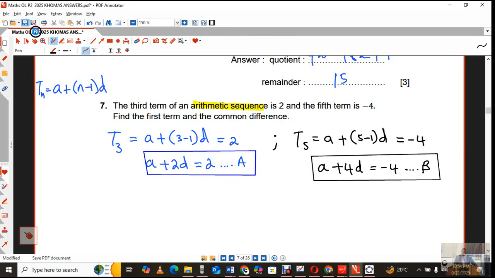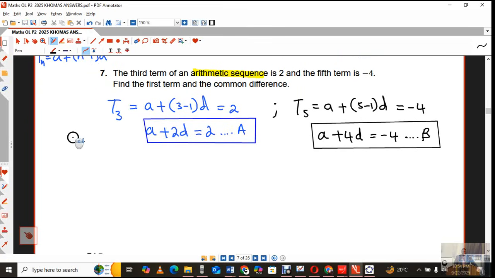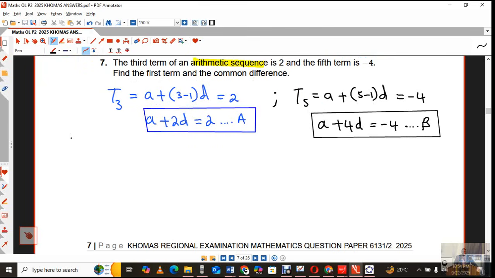So we're going to solve them simultaneously, and we're going to find A and D, which is the first term and the common difference. So it's totally up to you what you want to do. You can say, okay, take equation 1 or equation A, subtract equation B from it. All right, you can also do that. So that would be A plus 2D equals 2.